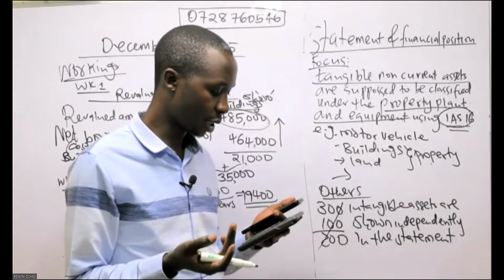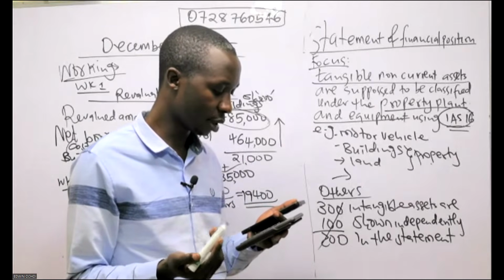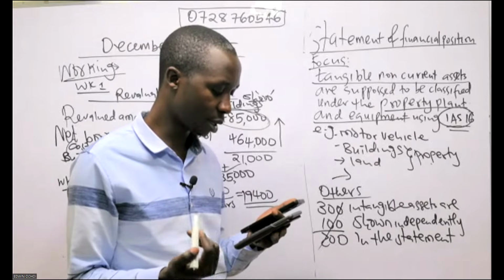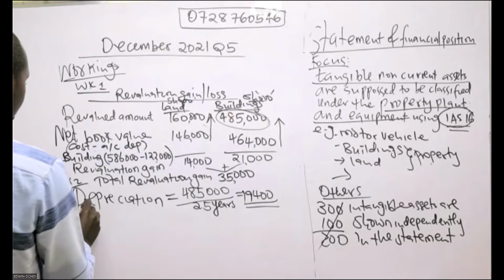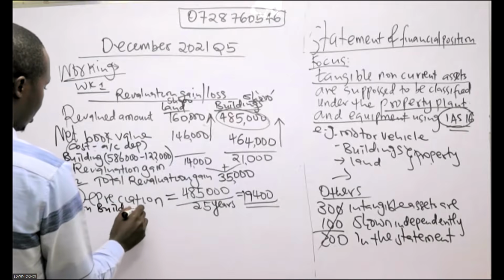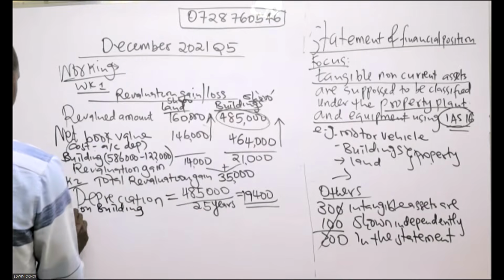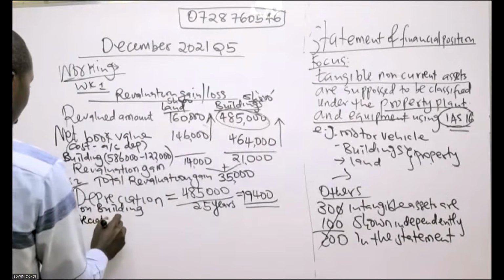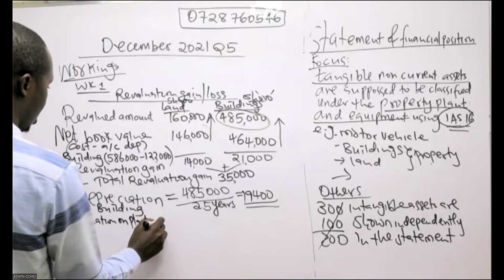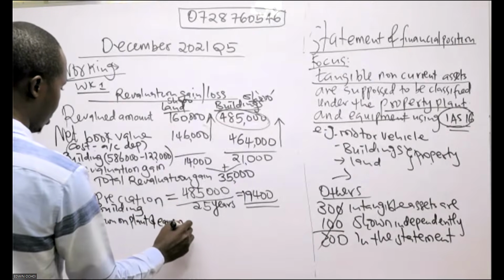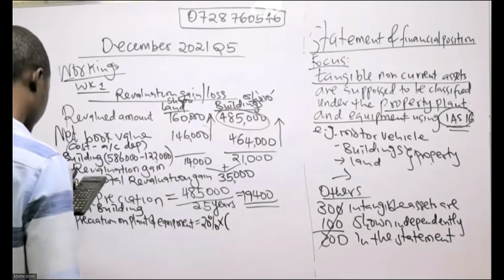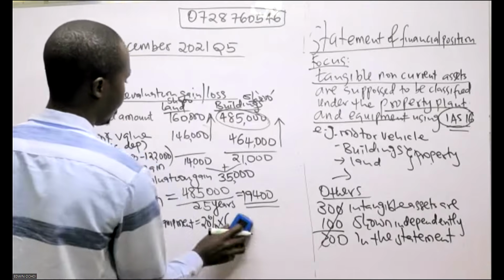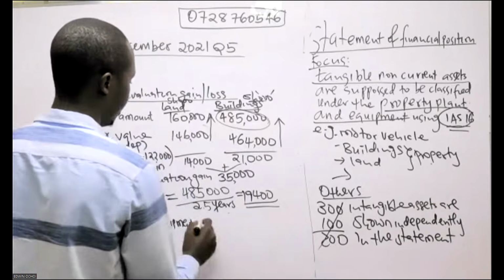Additional information number 2. Plant and equipment is depreciated at the rate of 15% per annum using reducing balance method. Again, we have depreciation. Remember, the previous one was depreciation on the building, and now we have depreciation on the plant and equipment. So we have 20% times what? 20% or 15? It was 15%.